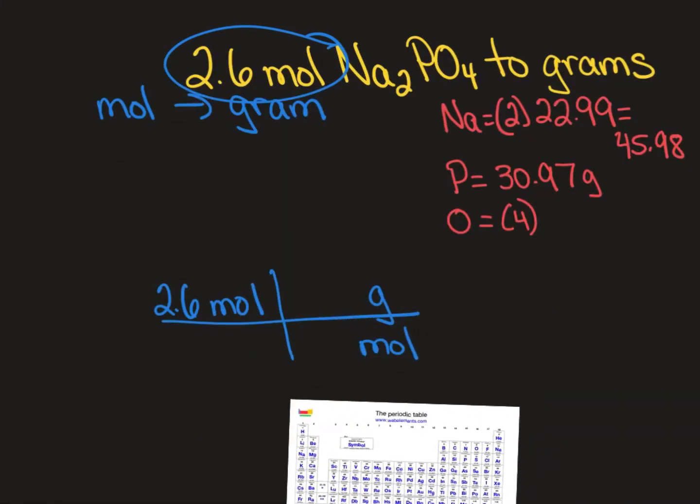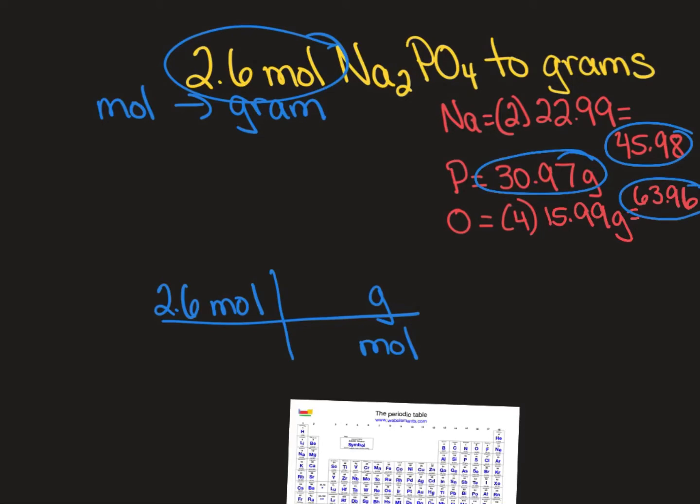Now some of these elements we use a lot, and so you will get to know them, and you will not have to look every single one up. All right, so 15.99 times 4 is 63.96. Okay, so we have our 3 elements and their masses, 45.98, 30.97, and 63.96.